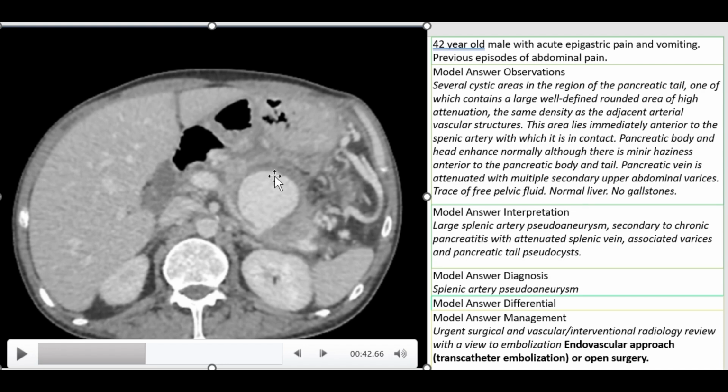So this patient may also need urgent interventional radiology or vascular radiology referral, okay? As this pseudoaneurysm has high risk of rupture, it needs to be treated either by open surgery or by transcatheter embolization. That's it.